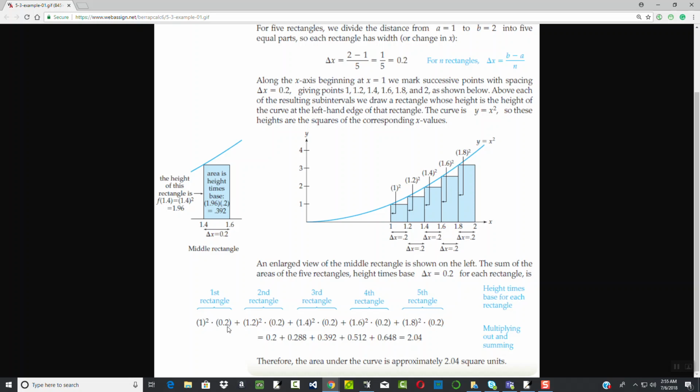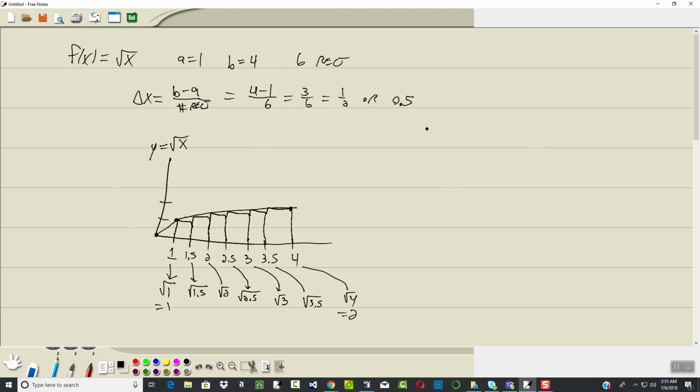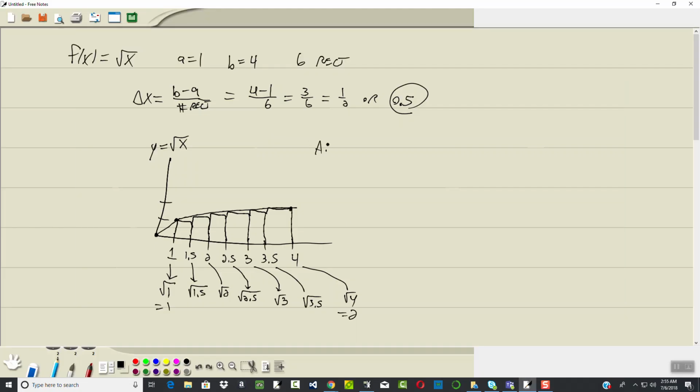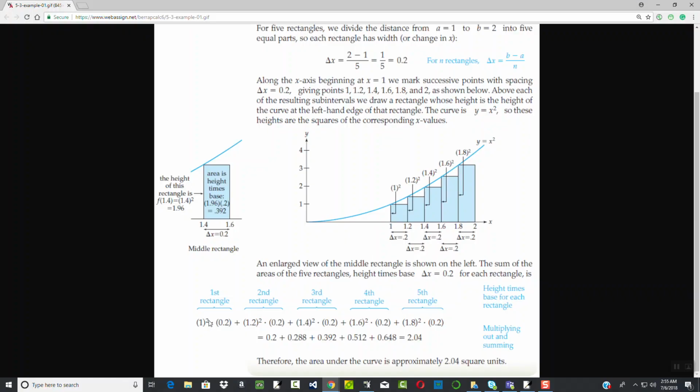So we're taking our height times our base. Now notice how all these bases have the same width, because all these rectangles should be the same width. In our case, our width is 0.5. So, applying this formula, this is going to give us the area. So I'm going to take area is equal to this height, 1, times, now, notice how this starts at 1, doesn't it?